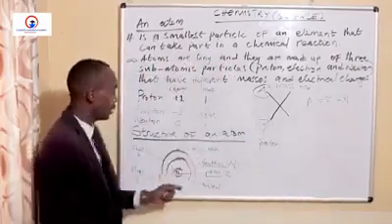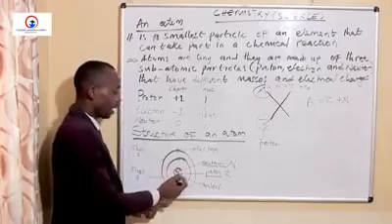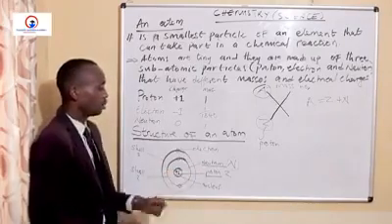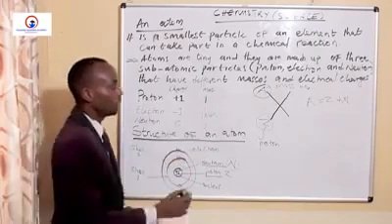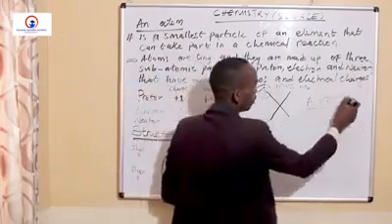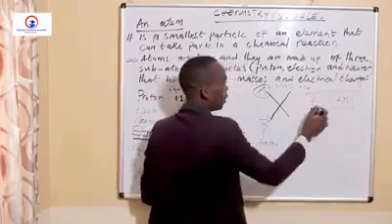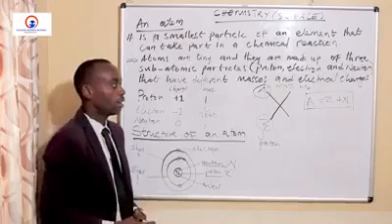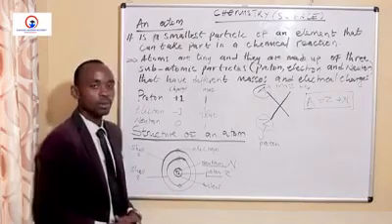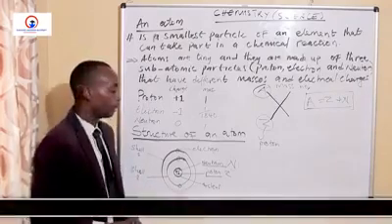Therefore, when we add the two that we find at the nucleus, the neutrons and the protons, we're able to have the mass number. This equation is very important because we'll be using the same equation to calculate and identify the numbers of the neutrons and the protons in a given atom.